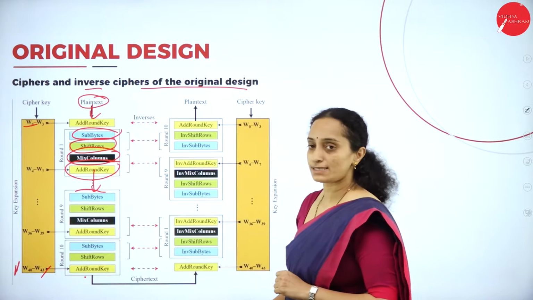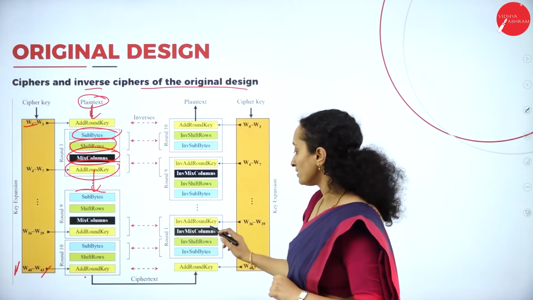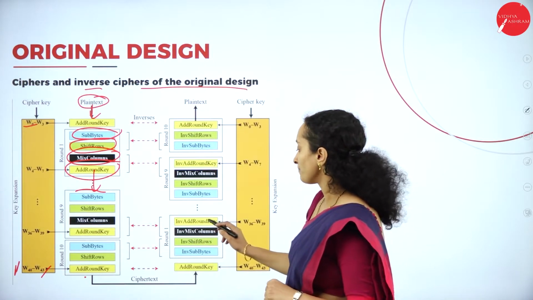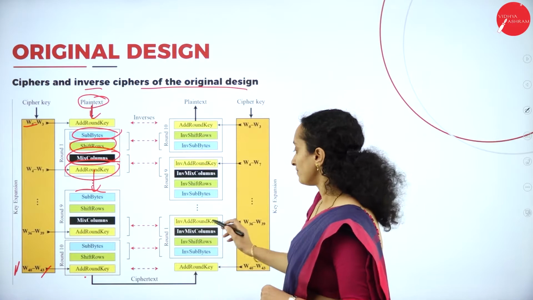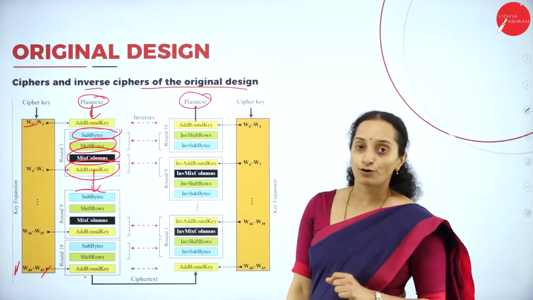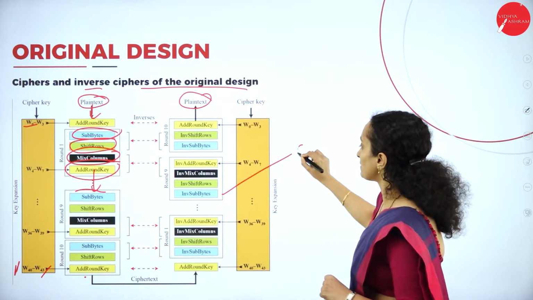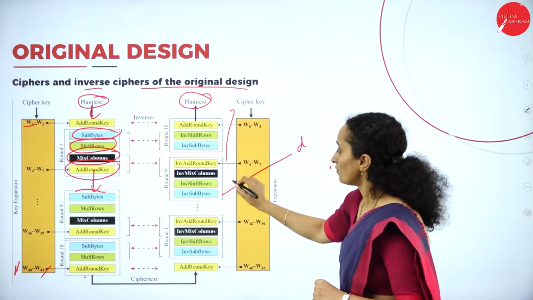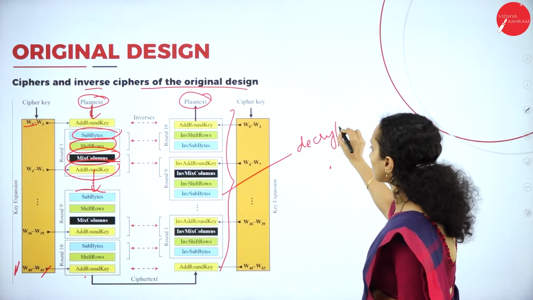We have invert subbytes first, then invert shift rows, invert mix columns, invert add round key. It is exactly shifted back, which gives the plain text at the end of round 10 in the decryption process.